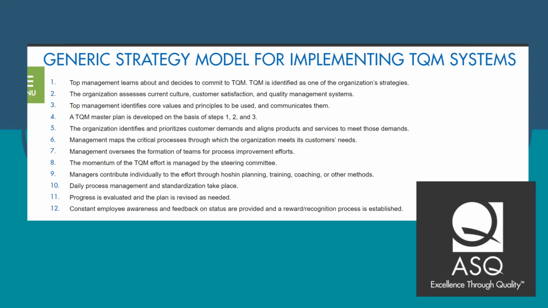Number 9, managers contribute individually to the effort through walking the floor, planning, training, coaching, and other methods. Number 10, daily process management and standardization take place. Number 11, progress is evaluated and the plan is revised as needed. And number 12, constant employee awareness and feedback on status are provided and a reward or recognition process is established.